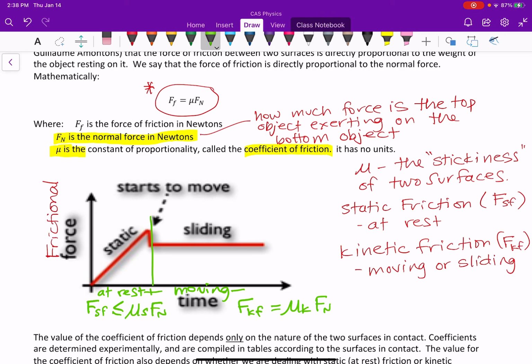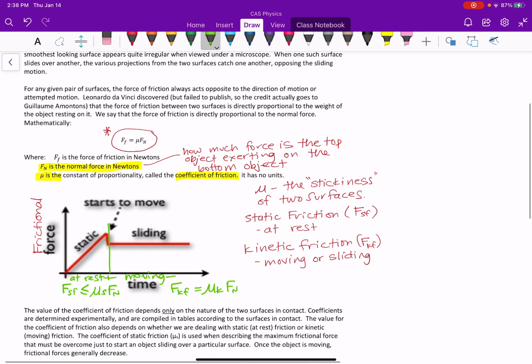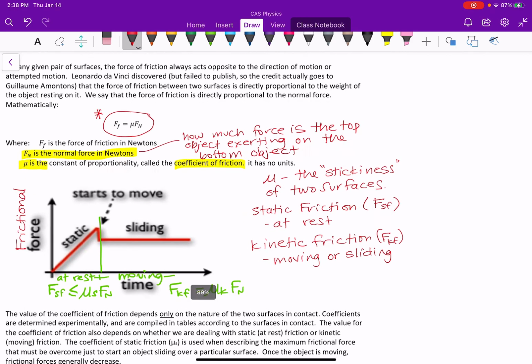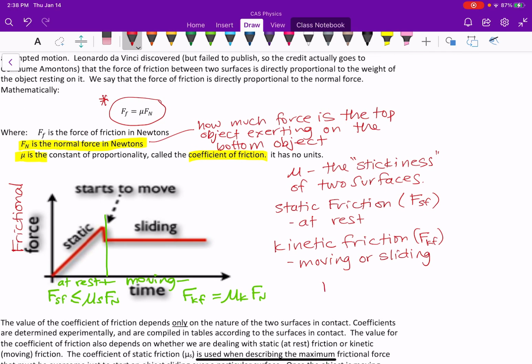And the other thing to keep in mind is that for any object, mu s, the coefficient of static friction, is generally greater than the coefficient of kinetic friction, because it's easier to keep something moving than it is to get something moving.